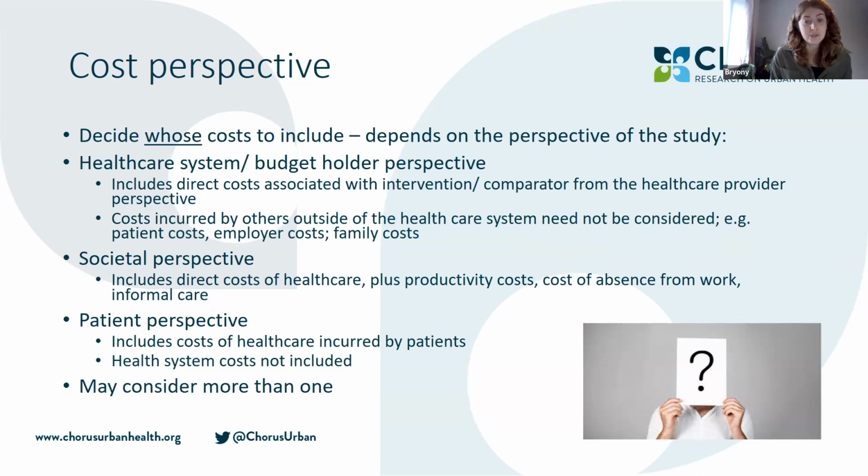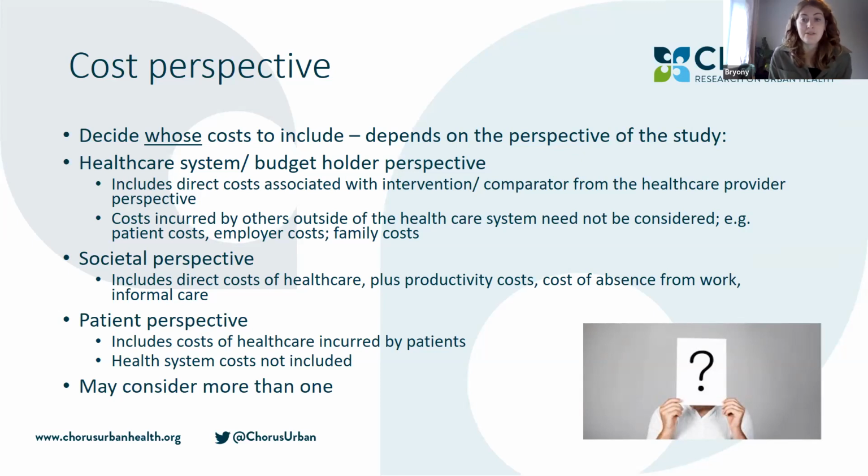And this perspective is useful for providing evidence from a health system perspective on which services should be provided from a specific healthcare budget, which could be for a public service or for a service being provided, for example, by an NGO.